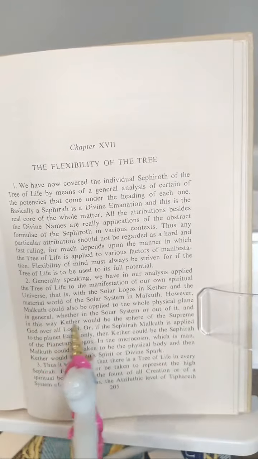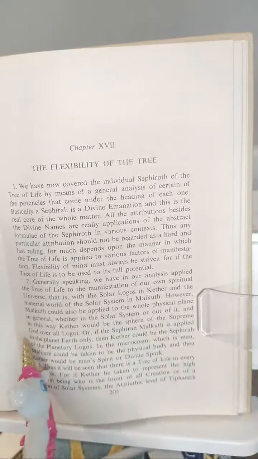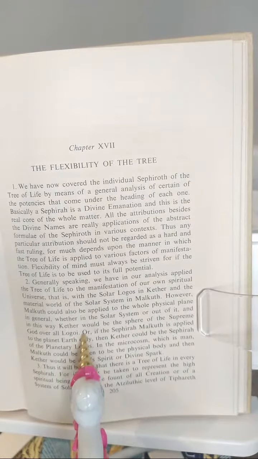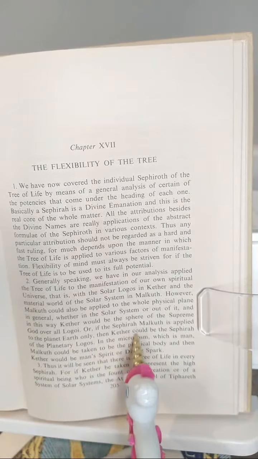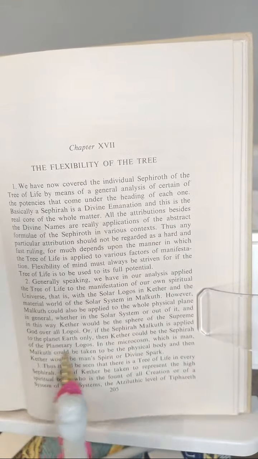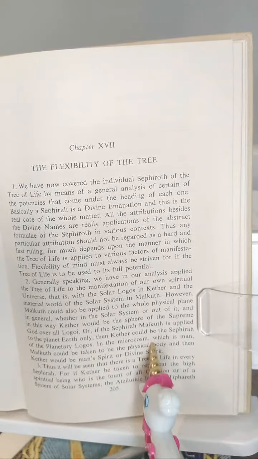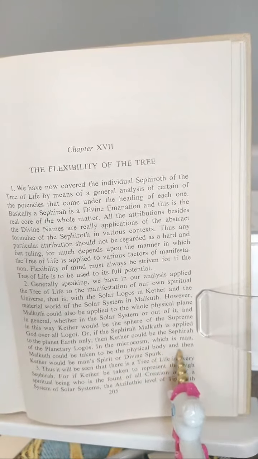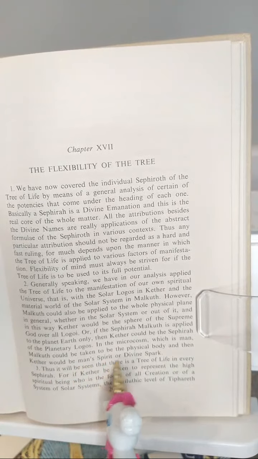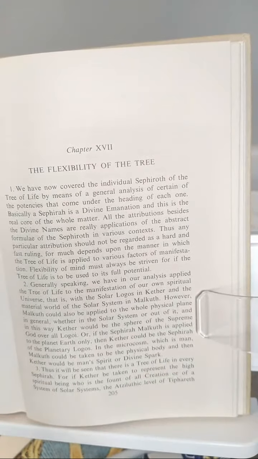And in this way, Kether would be the sphere of the supreme God over all logoi. Or, if the Sephirah Malkuth is applied to the planet Earth only, then Kether could be the Sephirah of the planetary logos. And in the microcosm, which is man, Malkuth could be taken to be the physical body, and then Kether would be a man's spirit or divine spark.